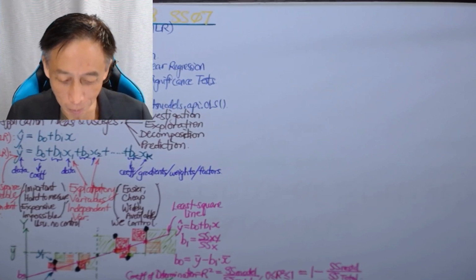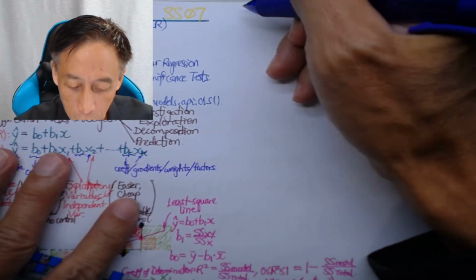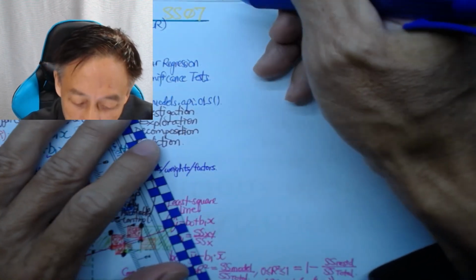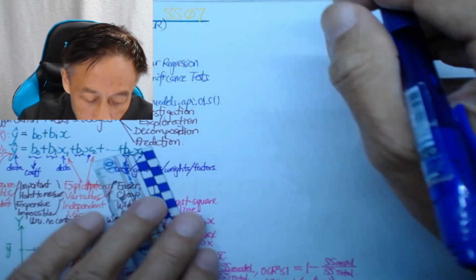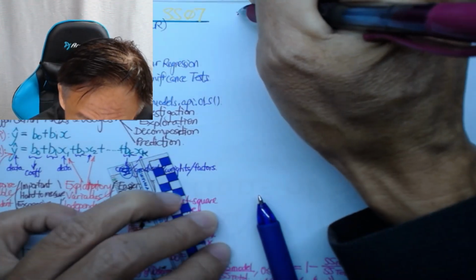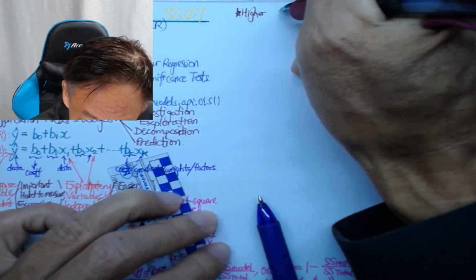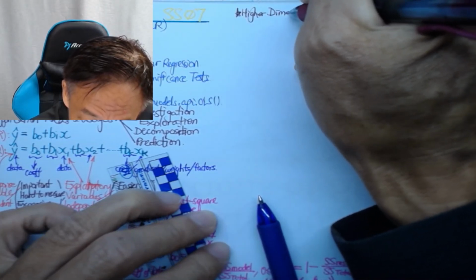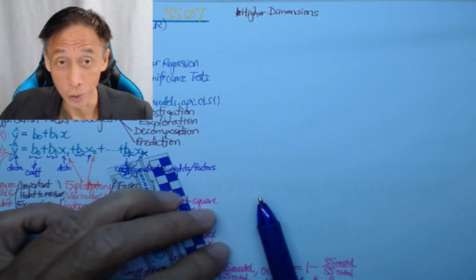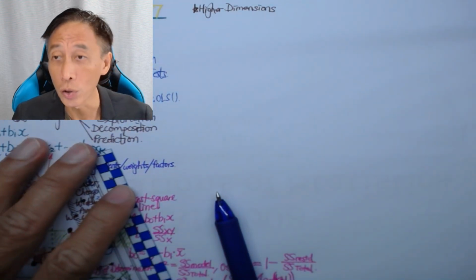We will first set up the variables. So, higher dimensions. Because we are talking about multiple linear regression, we are existing in the higher dimensions, like it or not, right?